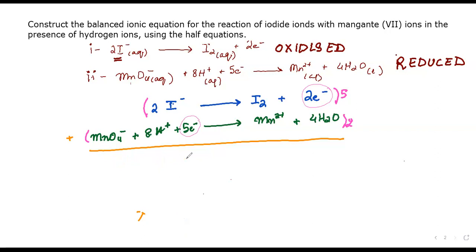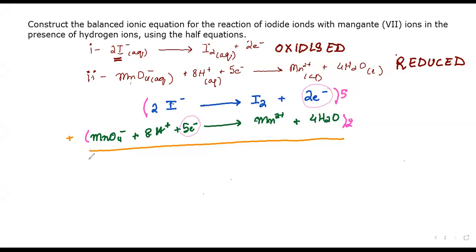If we bothered with the multiplication, we would see something like this. We have to multiply both the equations, right? The top equation is being multiplied by 5 and the lower equation is being multiplied by 2.